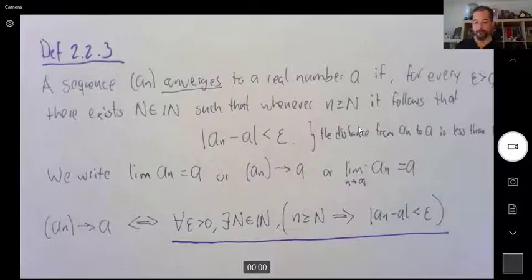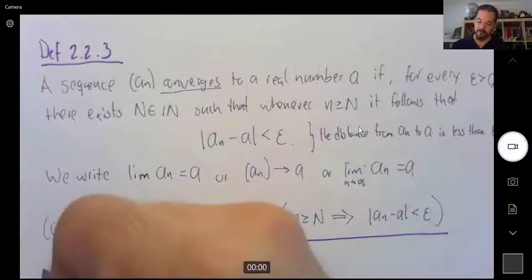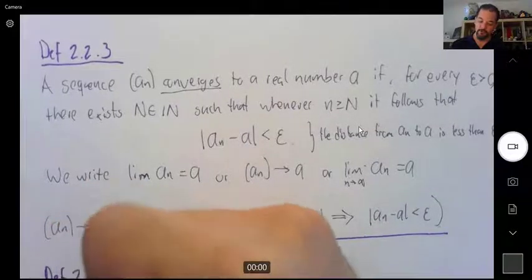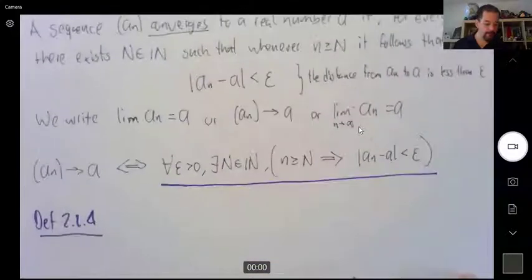So to begin with, let's write down this useful definition of what we're going to call a neighborhood, or more precisely, an epsilon neighborhood.